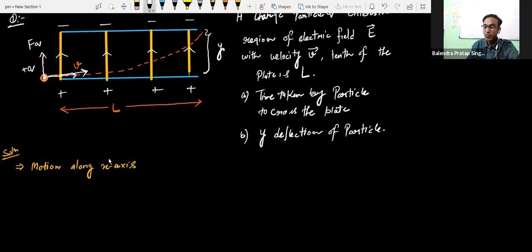If I consider motion along the x-axis, what is the force along the x-axis? How much force is experienced by the particle along the x-axis? Is there any force acting along the x-axis, Minashi? Yes, sir. Is there any force acting along the x-axis?